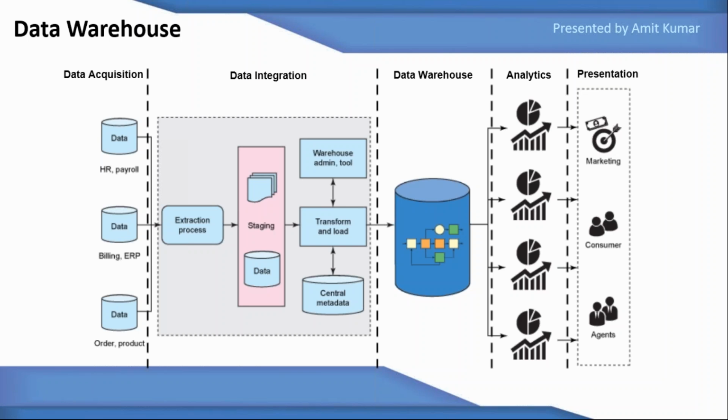Say you are running a big organization, say a hospital, or an insurance company. I'm talking about an insurance company, which is a healthcare insurance company. Now, in the insurance company, there can be many different departments, like HR, payroll, billing, some agents, and any other department.